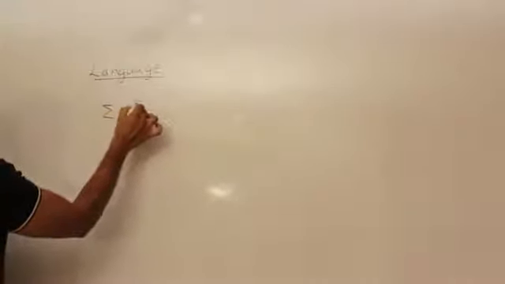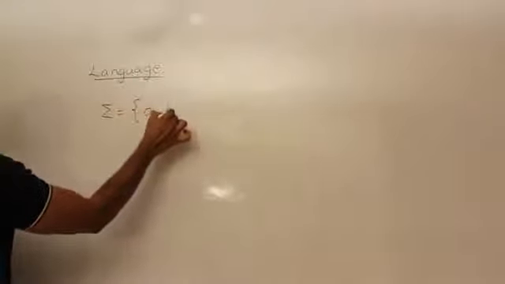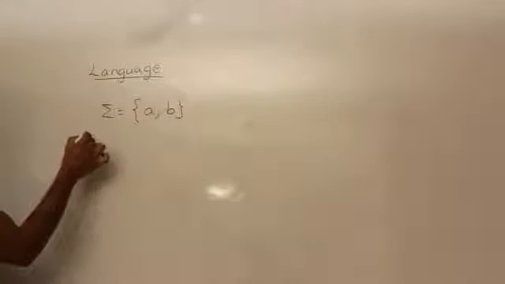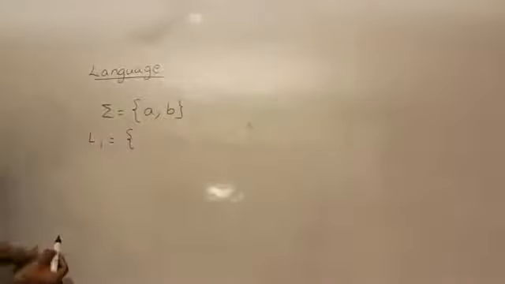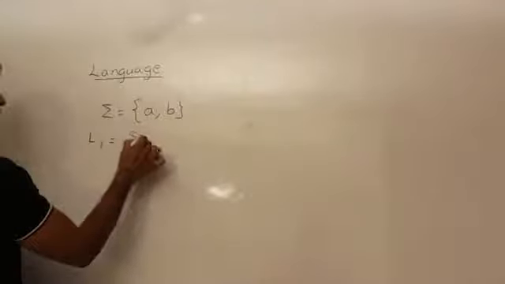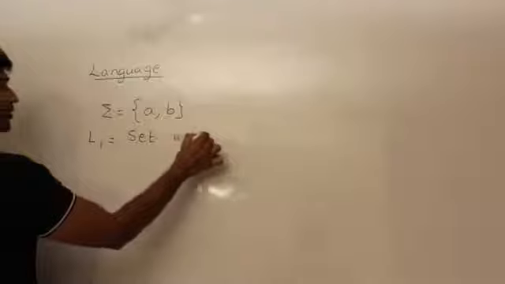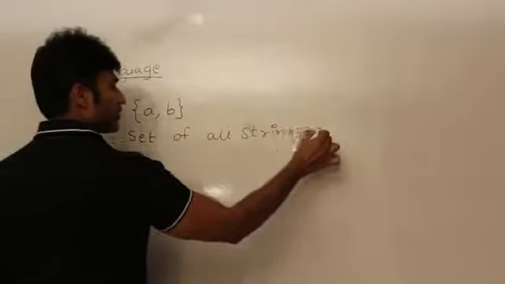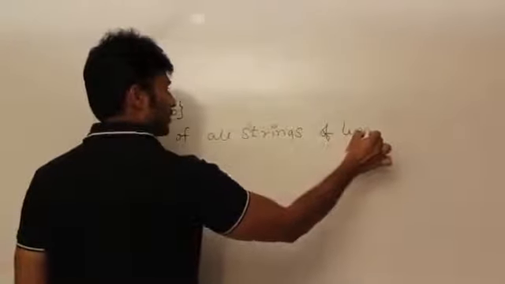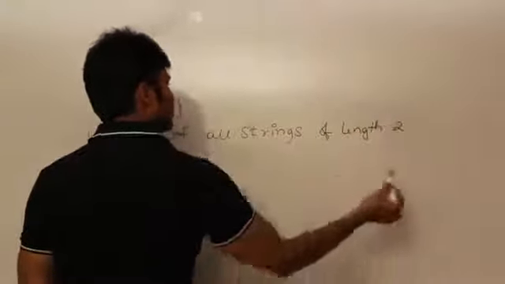So for example, let us say sigma equal to {a, b}. Then languages can be defined like this. Language L1 equal to the set of all strings of length 2.